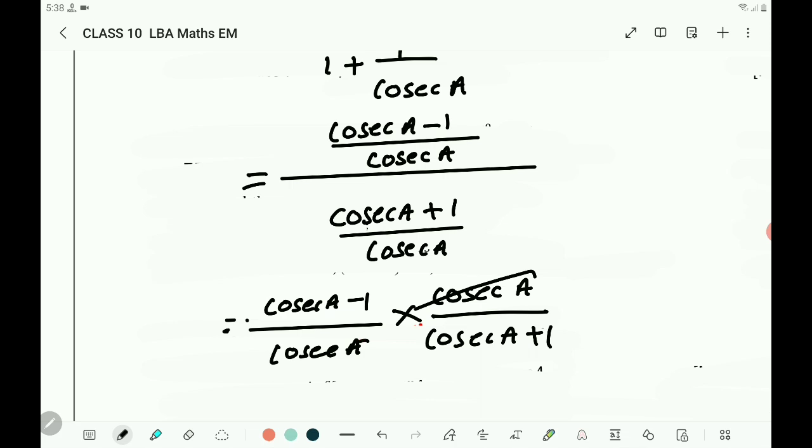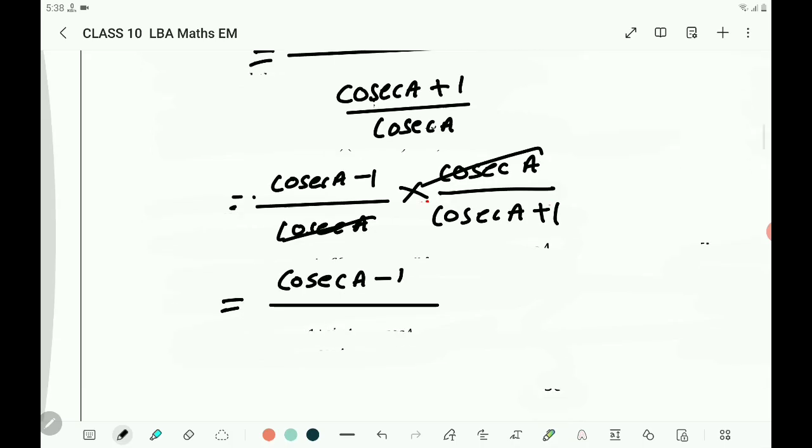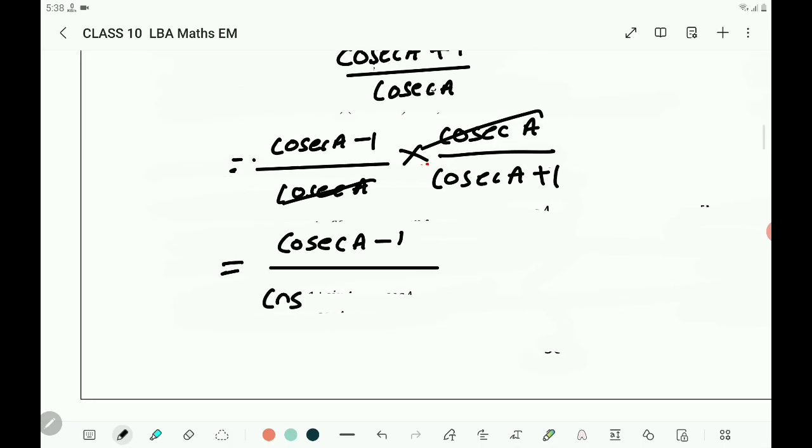You can cancel these two, which is equals to cosec A minus 1 by cosec A plus 1, which is equals to RHS.